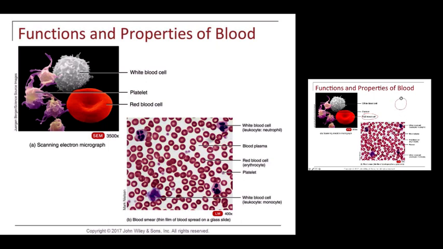If here's the cell and you have a large structure in there called a nucleus, there's very little room outside of it. So the RBCs are anucleated. It does not have a nucleus, so there's a lot more room in that cell for hemoglobin and for the binding of that hemoglobin to gases like oxygen, carbon dioxide, and nitrogen.